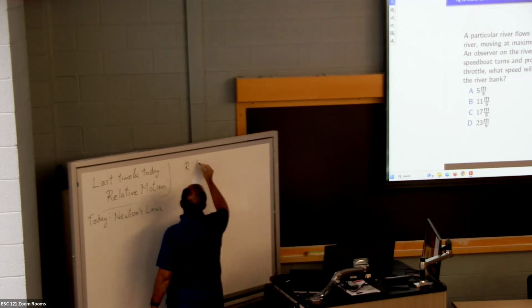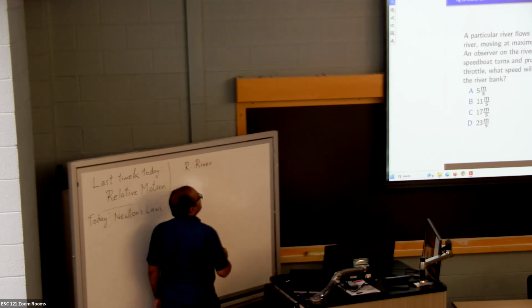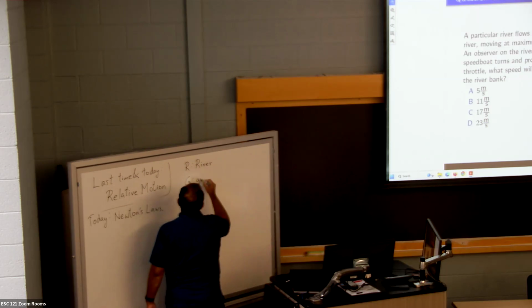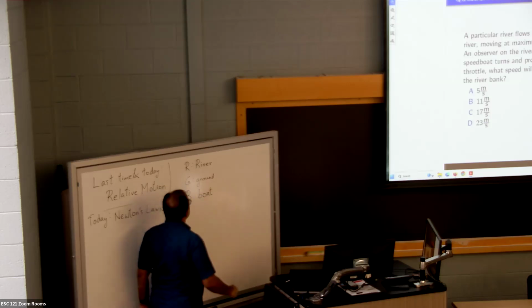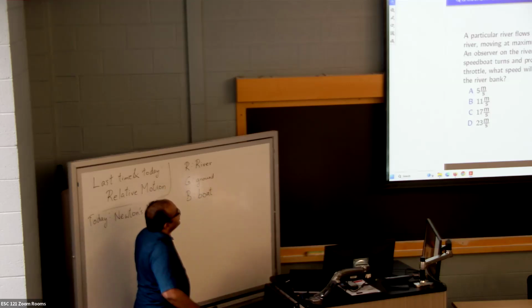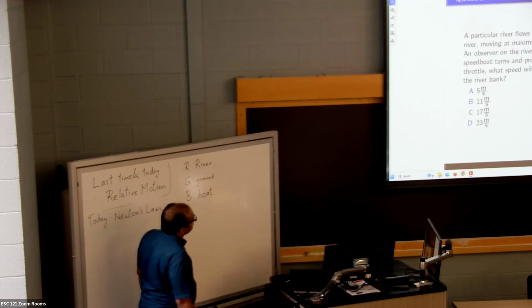Okay, so I'll use R for river. I have the observer on the river bank, so I'll use G for ground. I'm not using R because we've already used R for river. I'm not using B because I'm going to use B for boat. Okay, so then let me summarize the information that we're given.